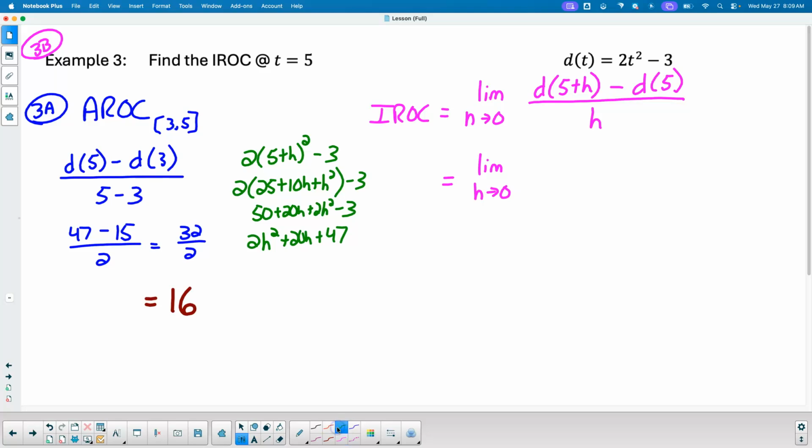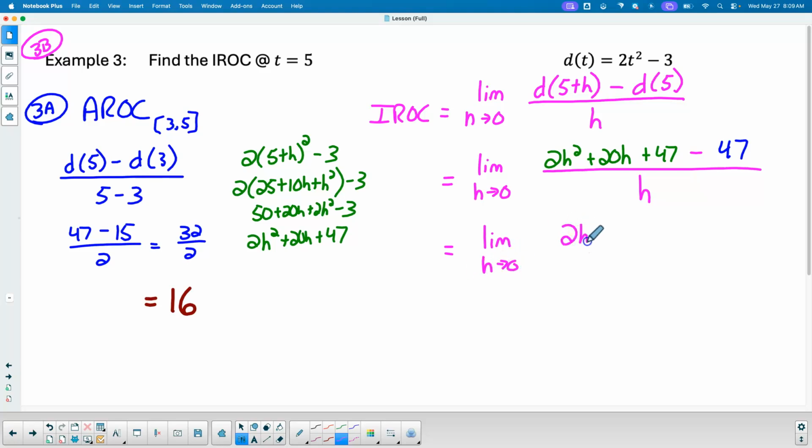Okay? So then this would be 2h squared plus 20h plus 47 minus, we had d of 5 over here, that was 47. All over h. So then this is the limit as h approaches 0 of 2h squared plus 20h over h.